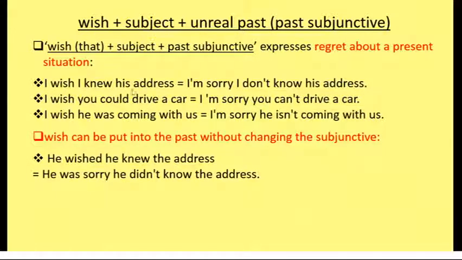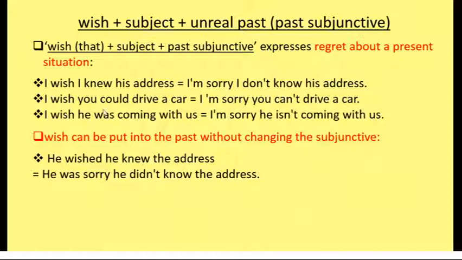I wish I knew his address. Here, I knew his address, this clause is in past tense. But this doesn't mean something happening in the past. Rather, through this, the speaker wants to express his regret, and this means, I'm sorry, I do not know his address.